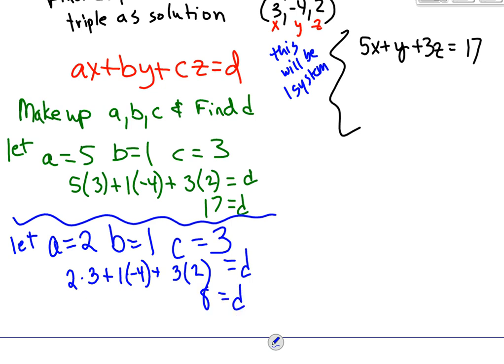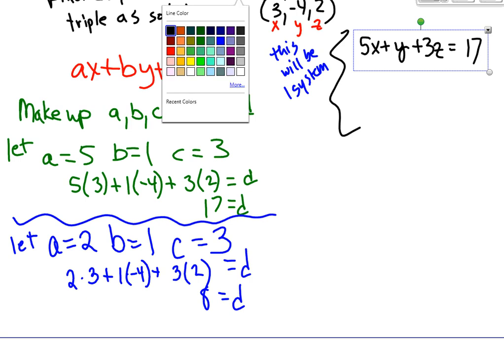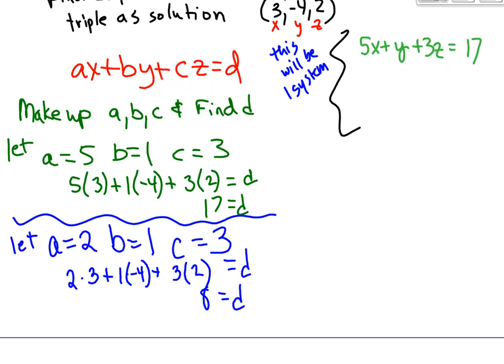And so equation 2, I could have put that one in green. Let me make that one green so that it kind of matches what was there. And then this one I'll write in blue. So this one is 2x plus y plus 3z equals 8. So there's my second equation.